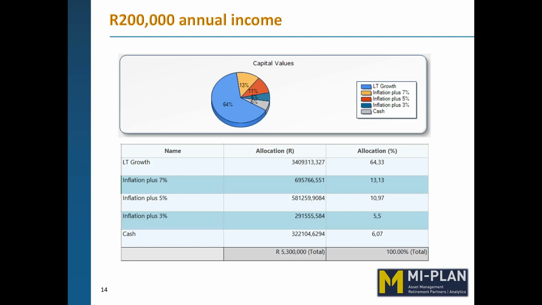For example, in order to achieve a return of inflation plus 7%, a minimum of 7 years is required. In this case, where the client is drawing an annual income of 200,000, My Plan has allocated 6.07% into the cash category and 64% into the long-term growth category.